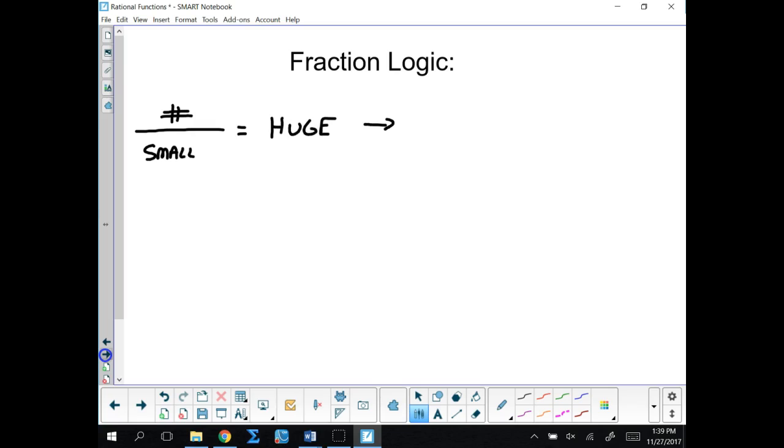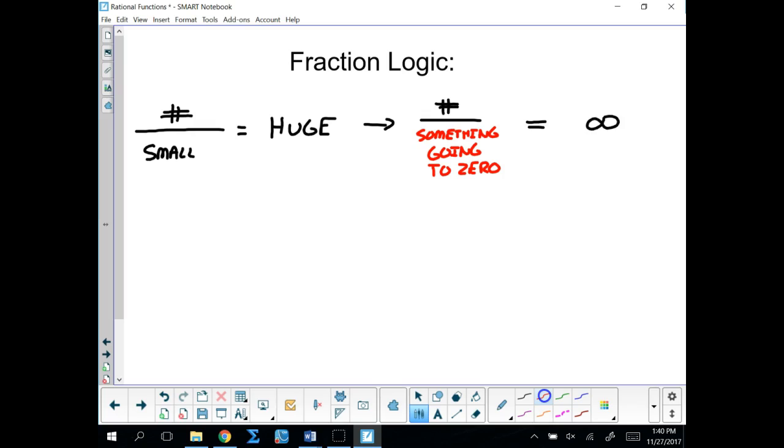So what I mean by that is some number divided by something going to 0, that's going to be infinity.